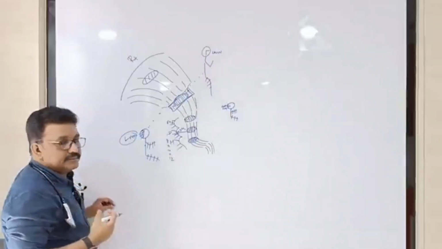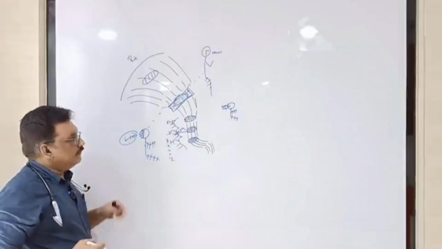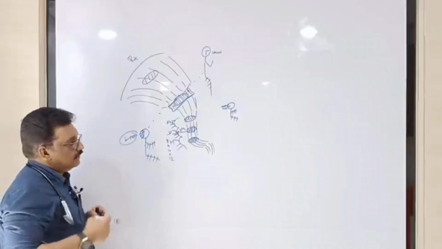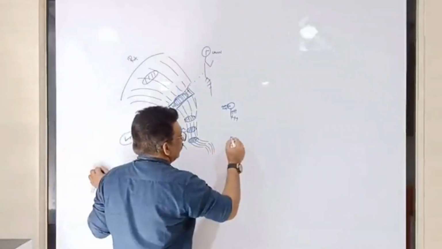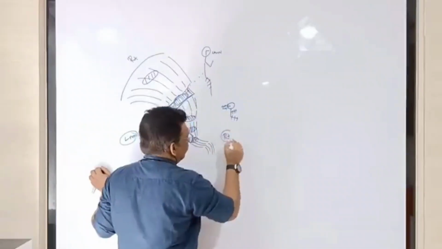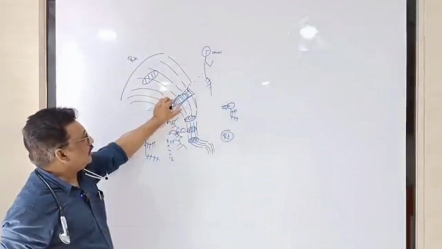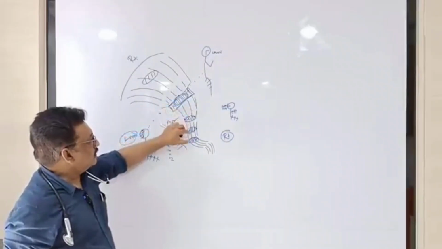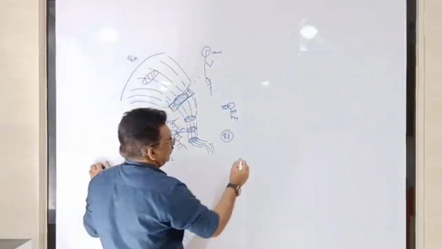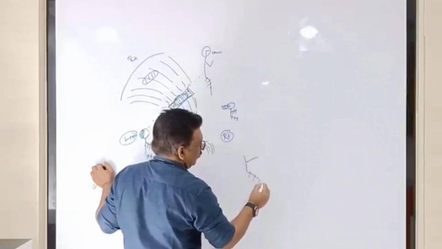So what will be the patient's clinical symptoms or clinical features when we are examining the patient? That also we can see here. Any patient who has a right-sided lesion, whether in the cortex, internal capsule, midbrain, pons or medulla, has opposite side upper limb and lower limb weakness.